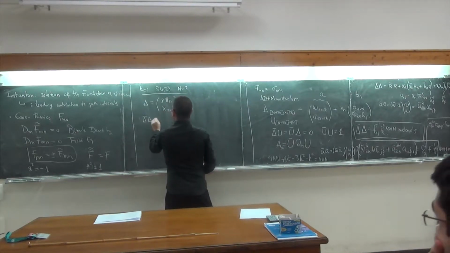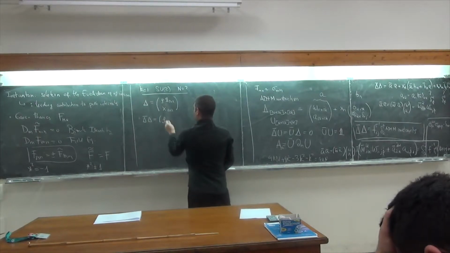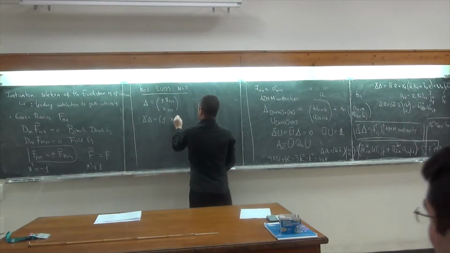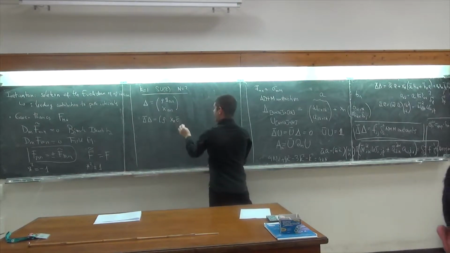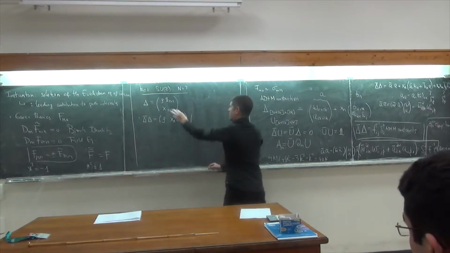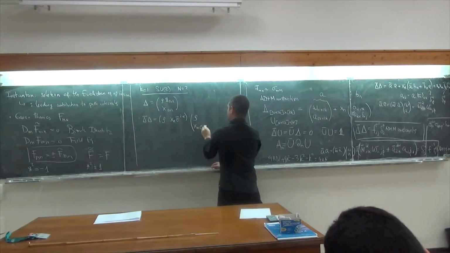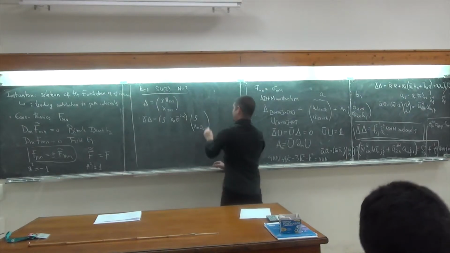This will be rho, x_n sigma bar, alpha dot alpha, rho, and here you have x_m sigma alpha beta.